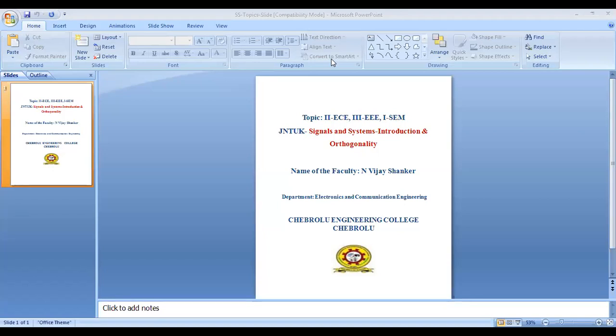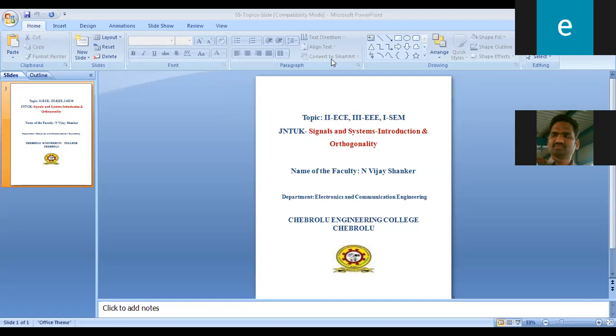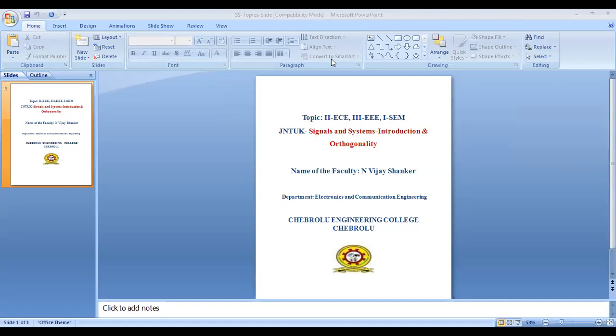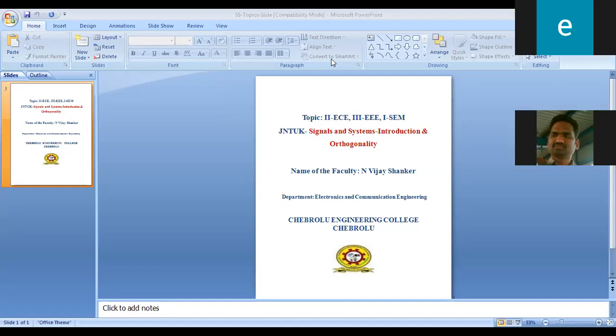Once again, the system definition: it is a set of elements or functional blocks that are interconnected together and produce an output in response to the input signal, my students.